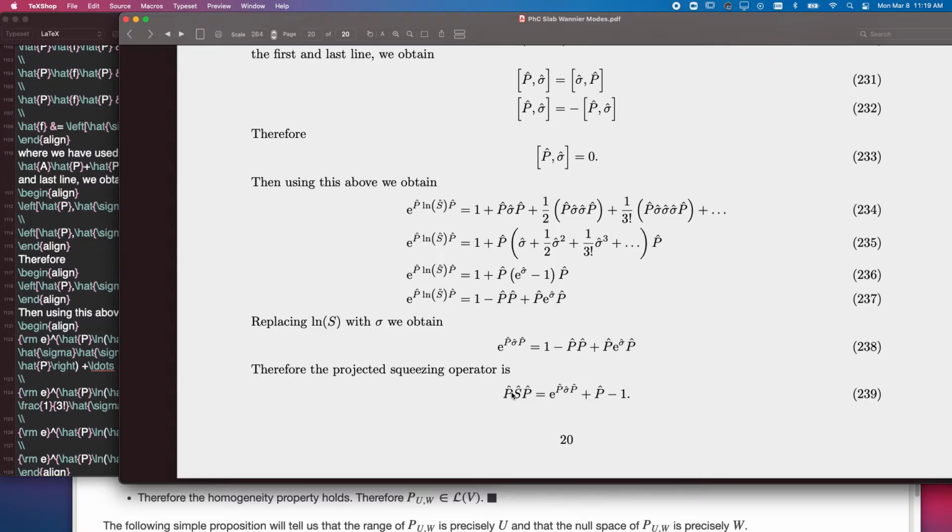Then S would be equal to the identity, and I would just get P squared equals P. Now, let's say that sigma was equal to identity.